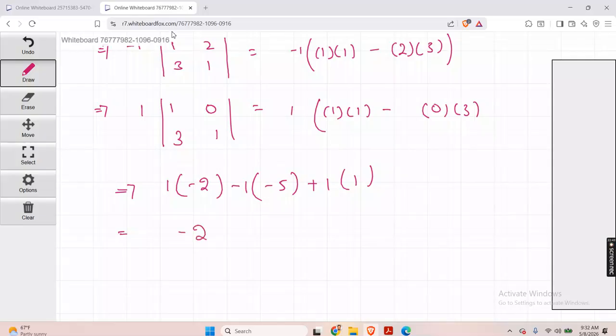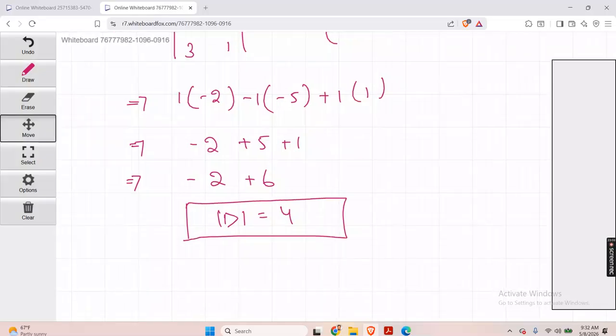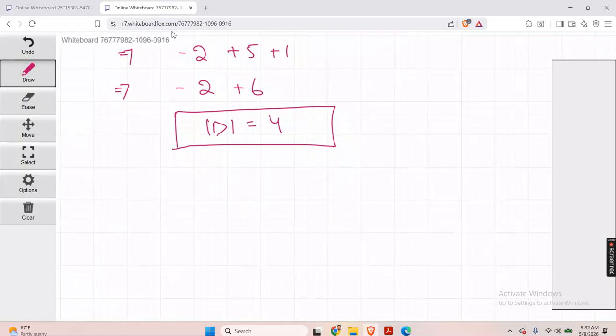So we have -2 plus 5 plus 1. So we have -2 plus 6. So D is 4. Our determinant is 4.